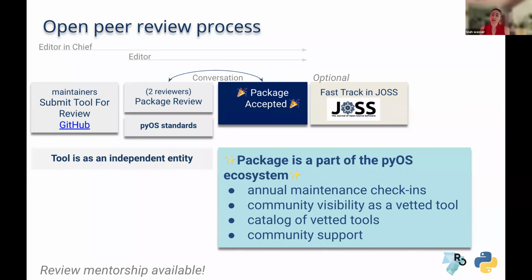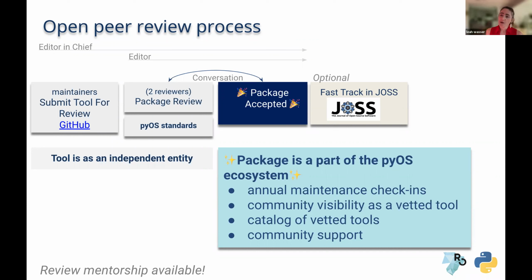Their scope is different. For example, if your package is an API wrapper, that would be out of scope for JOS, and so that fast track would not apply to you. But if you're in scope for JOS, they accept our peer review as theirs. Then they just review your paper, and it's a fast tracked process. And so you can be accepted by both pyOpenSci and JOS.